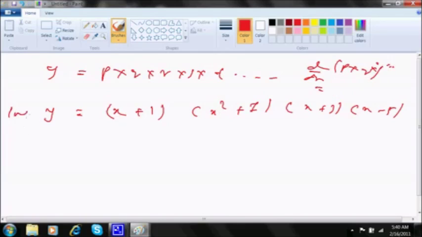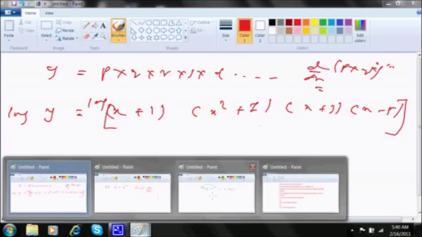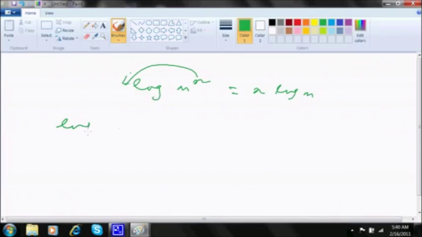Take a log on both sides. Log of p into q into r is log of p plus log of q plus log of r and so on.